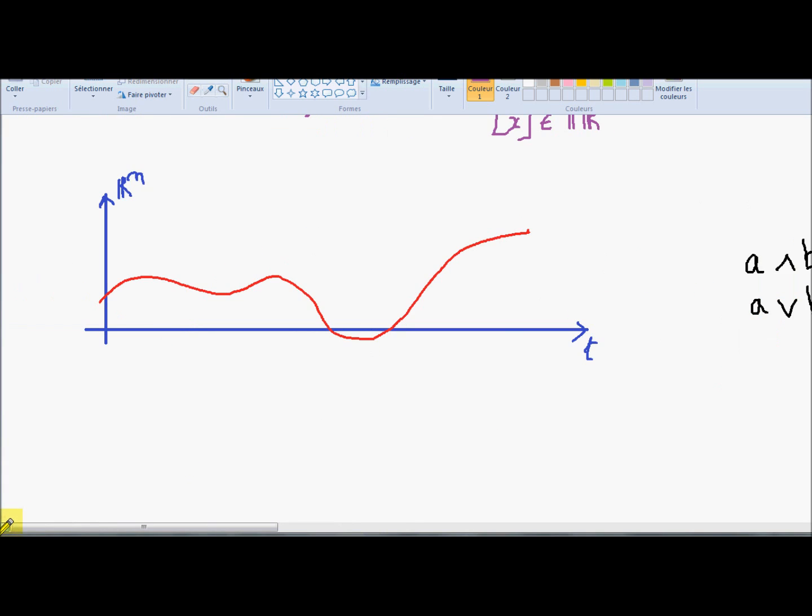So let me consider, for instance, what we call an interval trajectory. I will try to represent one here. This unknown trajectory can be bracketed between two trajectories, this one, for instance, and this one.